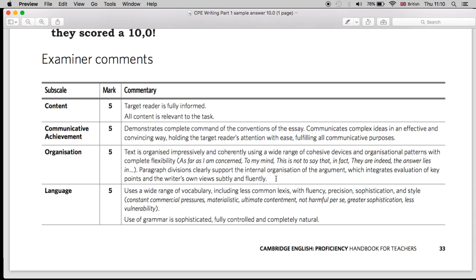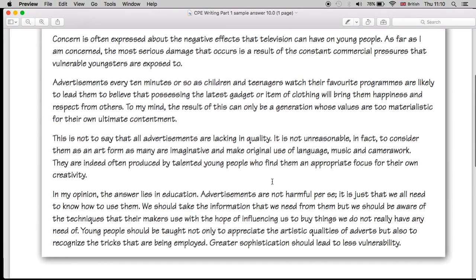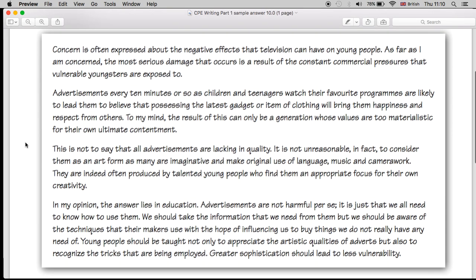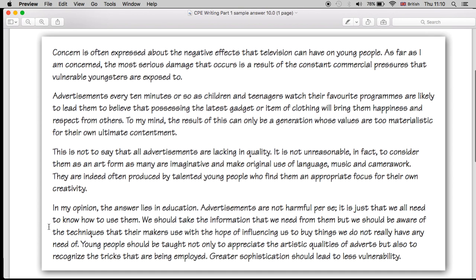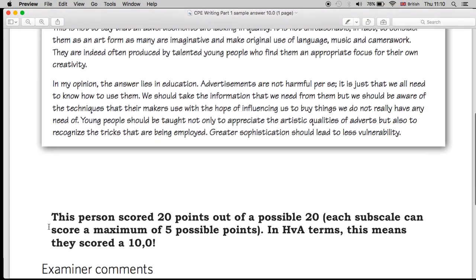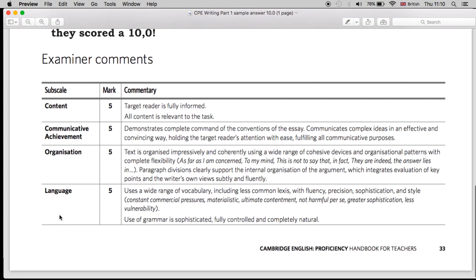Paragraph divisions clearly support the internal organization of the argument, which integrates evaluation of key points and the writer's own views subtly and fluently. So again, in terms of organization, it reads logically. A bit of introduction to the issue or the situation. Key points summarized, text by text. And then one's own opinion. This is a very sort of fluent and logical approach.